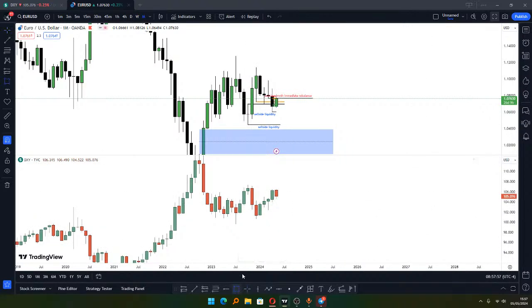So this is that fair value gap on the monthly, that inversion on the dollar. So this candle, if I put it to the candle on the euro dollar, we have this candle which corresponds with this one. So this fair value gap is this one right here.